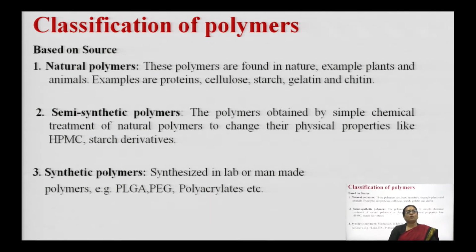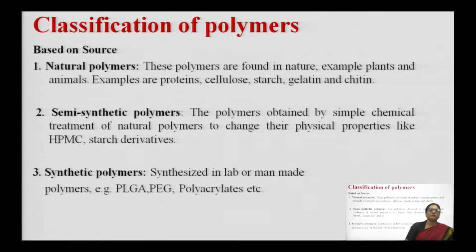So, let us go on to the classification or categorization of polymers, because this classification will have implications on properties and hence application of polymers. For specific applications certain features are desired and we can select an appropriate polymer from this wide range of polymers available.